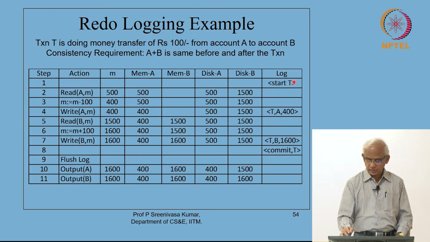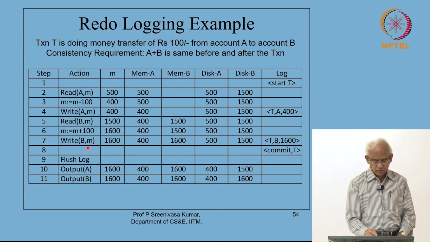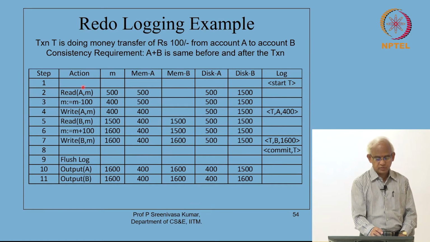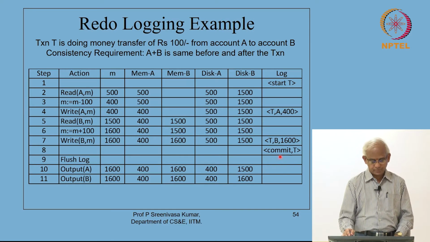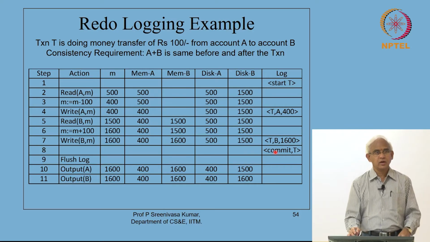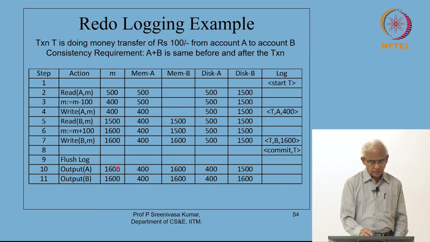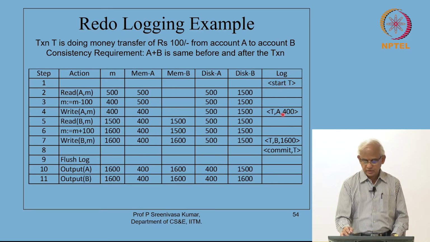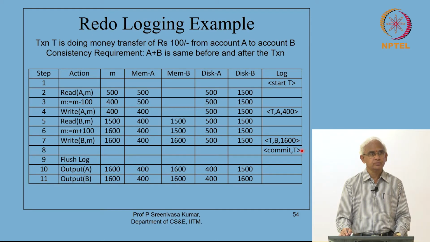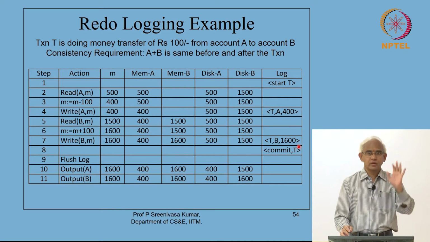So, these are the log entries, and as soon as the transaction completes its work, it will make a commit T entry. That means it will request a commit, and internally there will be a flush log, so all these entries will be permanently on the log file, including the commit T. Then the transaction is deemed to be committed.